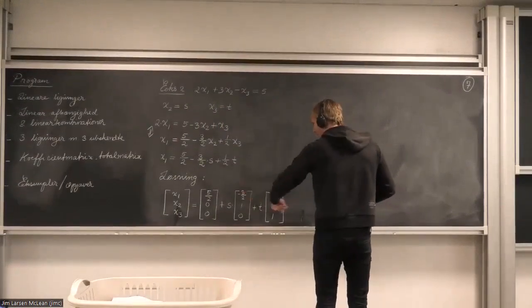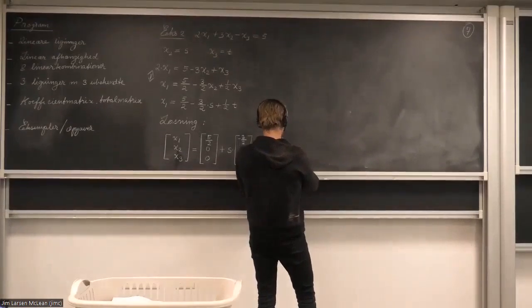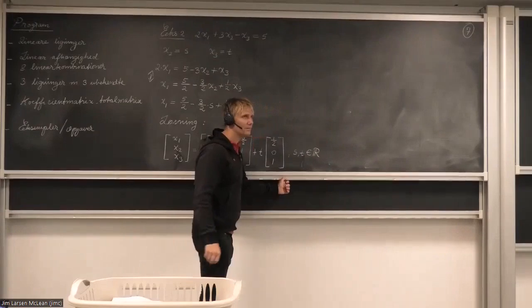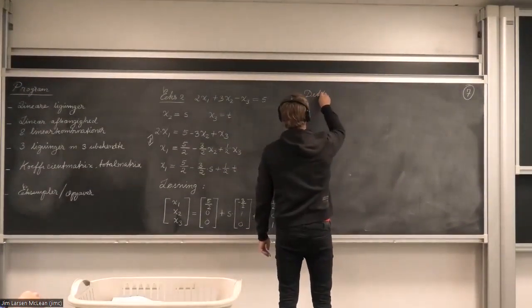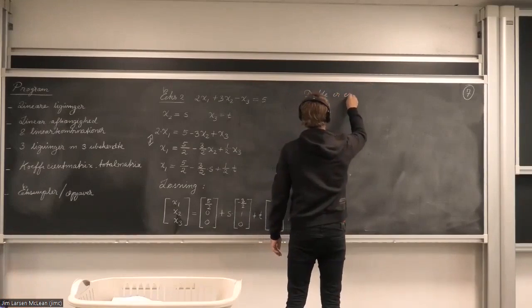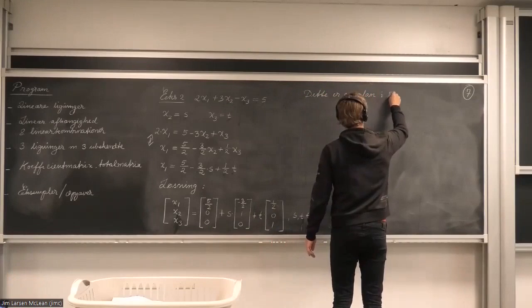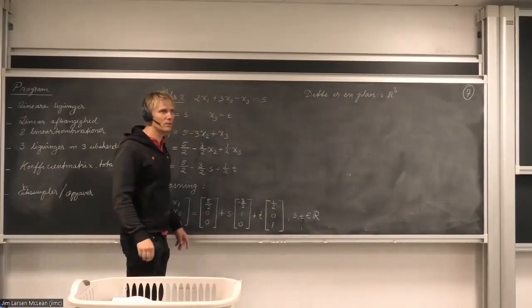So this is the standard parametric form of a plane, where both s and t can vary freely in the real numbers. We'll just write that down. This is a plane living in R3, that's the mathematician's way of saying it exists in 3-dimensional vector space.